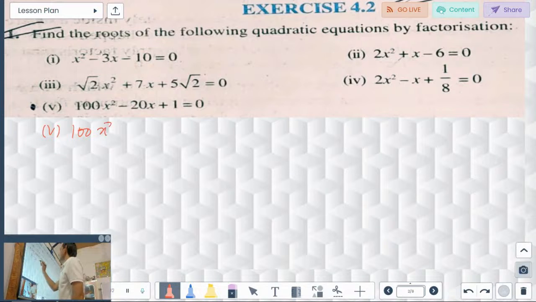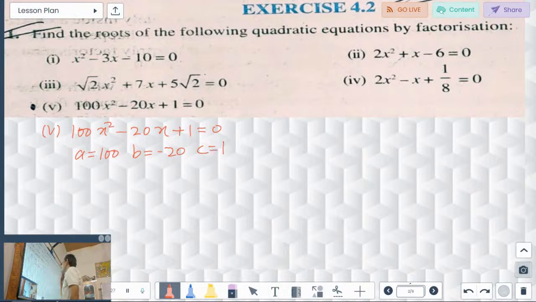Question 5. 100x square minus 20x plus 1 equal to 0. Now compare with the standard equation: a equal to 100, b equal to minus 20 and c equal to 1. Now factorization: ac equal to 100 into 1 equal to 100.